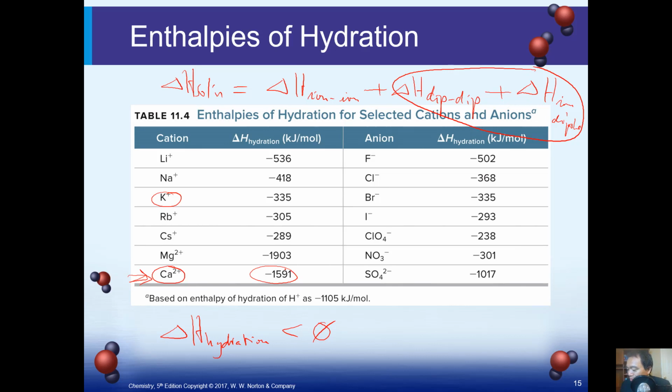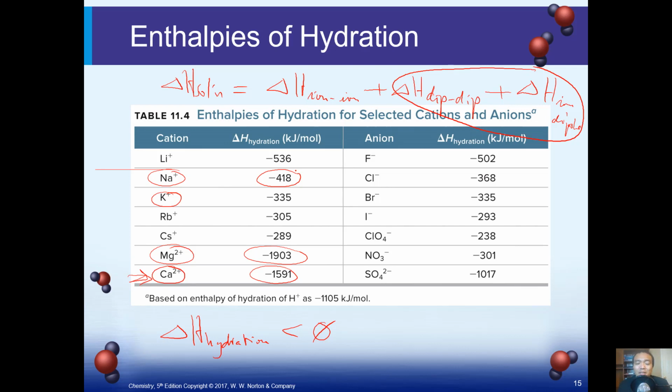Look at another example. Look at magnesium, right? It's 2+ charged. Now you compare that with the delta H hydration for sodium ion. Apparently, this is more negative for magnesium ion, or the magnitude for delta H hydration is actually bigger than that of the sodium ion. Remember, we're talking about magnitude or the absolute value without looking at the sign.